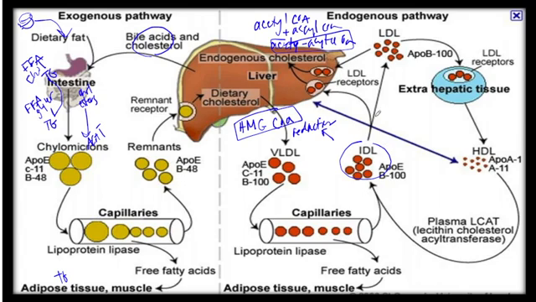The other thing that happens is the VLDL remnants either are cleared from the circulation, taken up by these receptors, or they are remodeled by the hepatic lipase to form LDL particles. So LDL is basically the carrying component of cholesterol through the blood system. LDL is a lot more cholesterol than it is anything else.